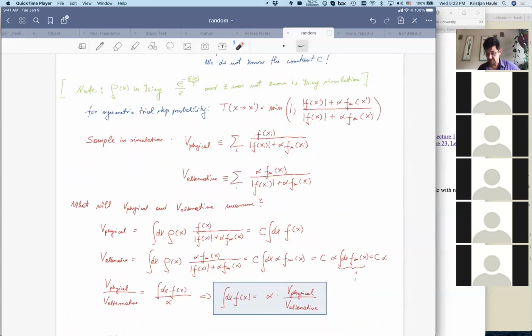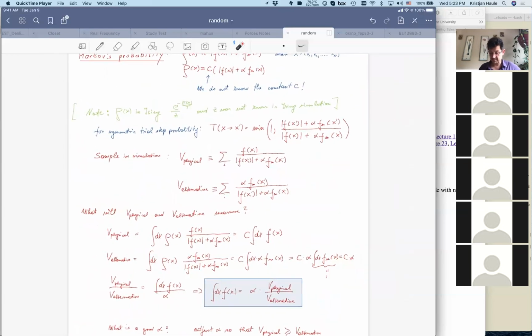So what's the goal? The goal is we decided that we're going to put this probability density to be proportional to the absolute value of the function, and we added to it some known function, a function whose integral we know, with some constant alpha, which is arbitrary.